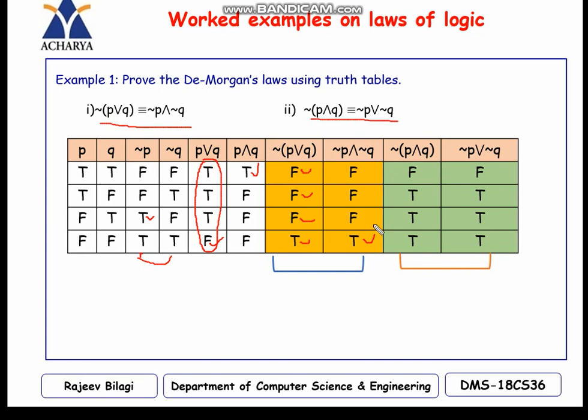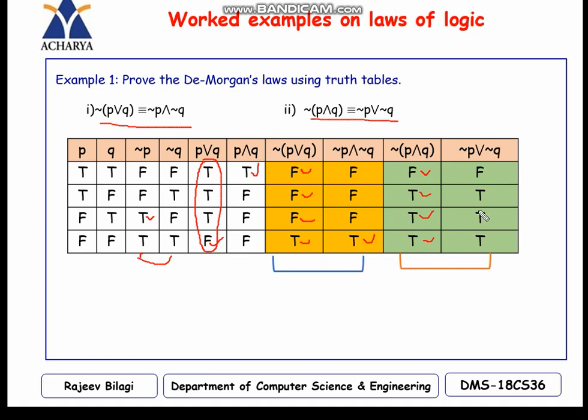Now here I have written the truth values of P and Q, and the negation of this is F, T, T, T. Then negation of P or negation of Q: if any one is true, then it is true, otherwise it is false.